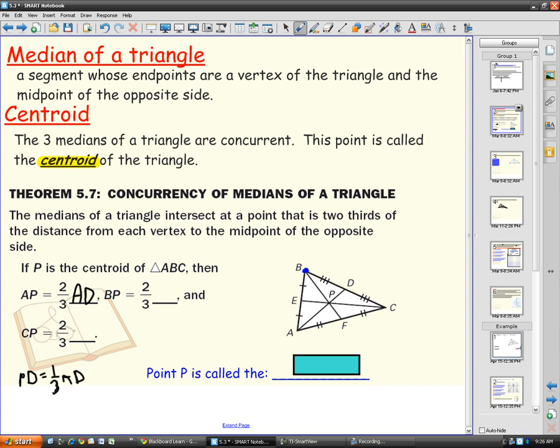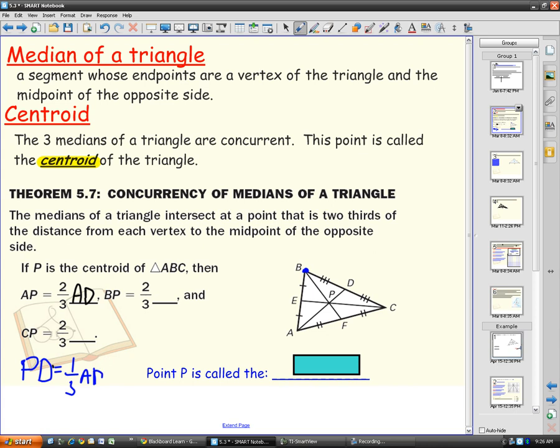So PD equals 1/3 AD. That's the way it's always going to be.